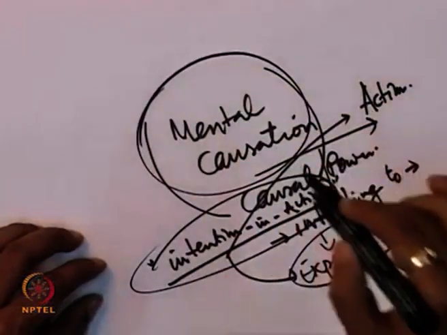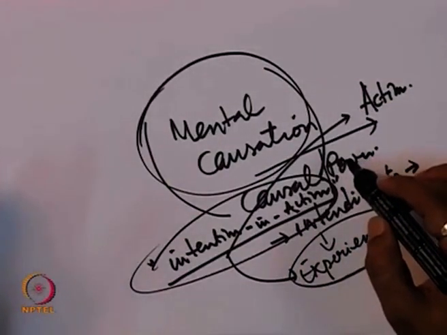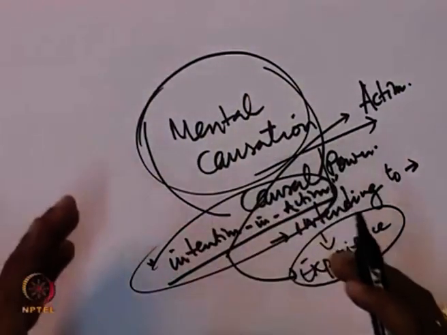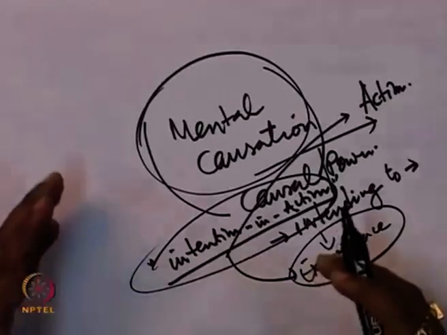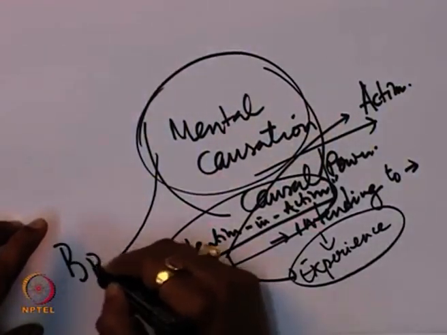So, Searle talks about mental causation, which is typically there to explain the nature of intentional action. But then Searle also suggests that this is not the way the mental states are realized. The mental states, when they are realized, are also connected to certain brain processes.